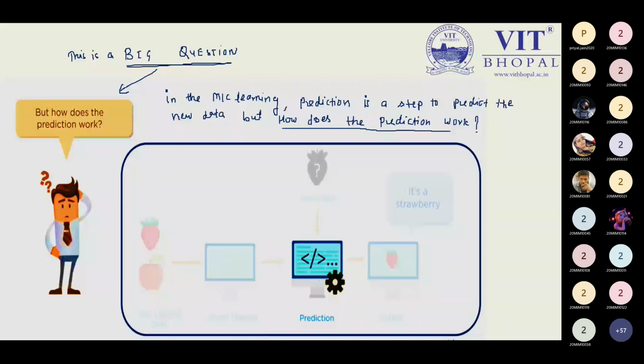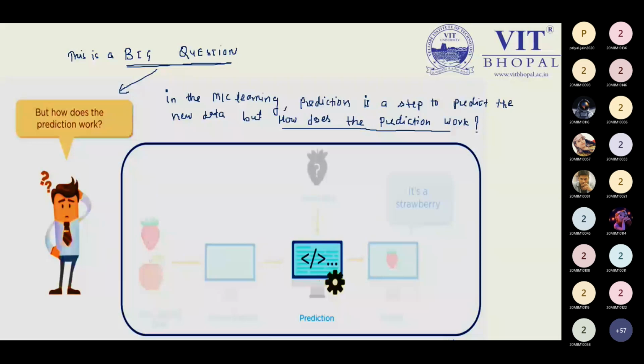Because we are looking at the training data, we are looking at the testing data, we are looking at building the model. But after all these steps, we have a big question at the prediction step: how the prediction will be done. That is a big question. In machine learning, prediction is a step to predict the new data, but how does the prediction work? That is a big question we must have.